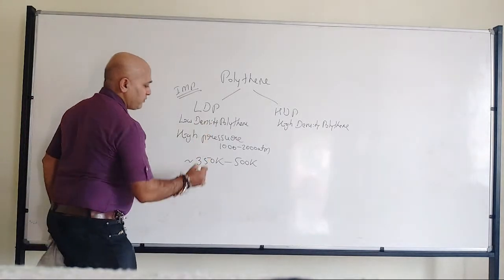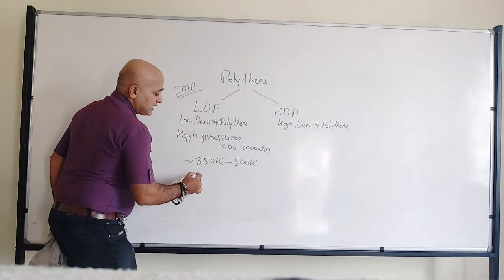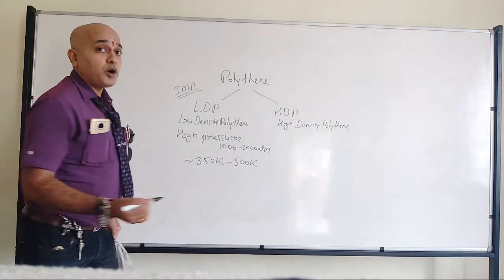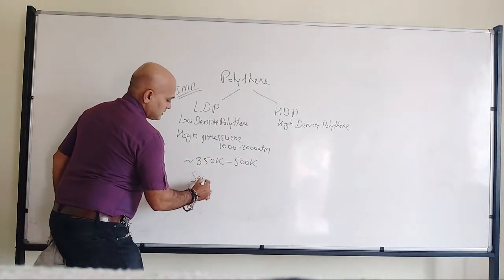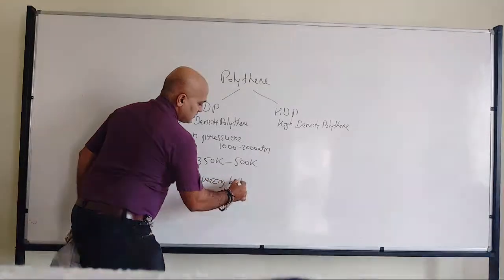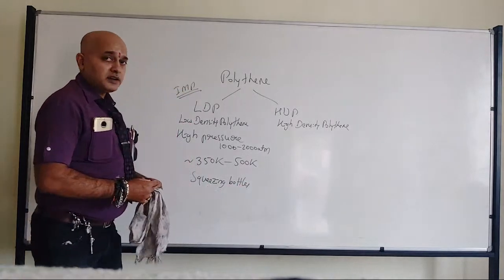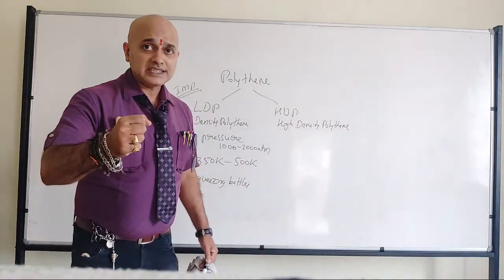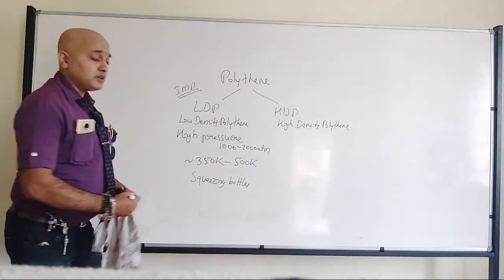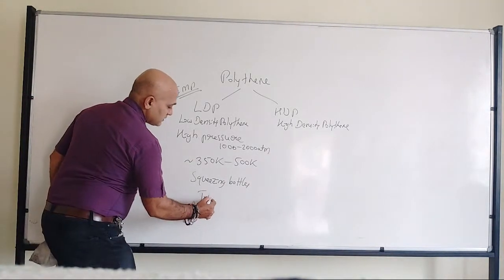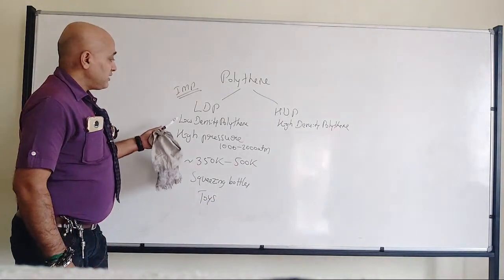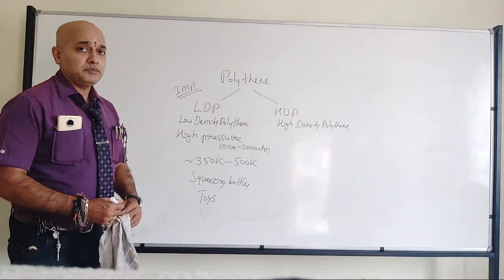This type of polyethylene will be utilized for the synthesis of squeezing bottles, like what we use for drinking water, which we can squeeze, or it can be utilized for toys.